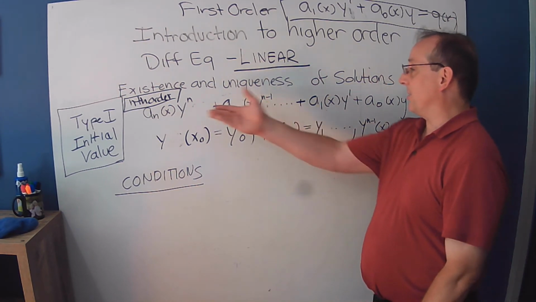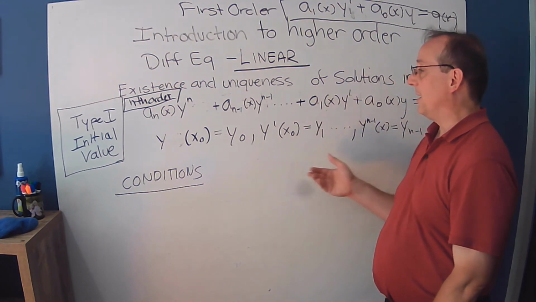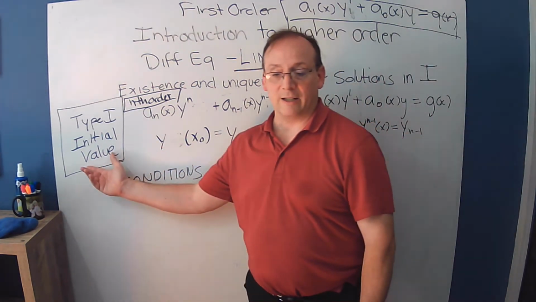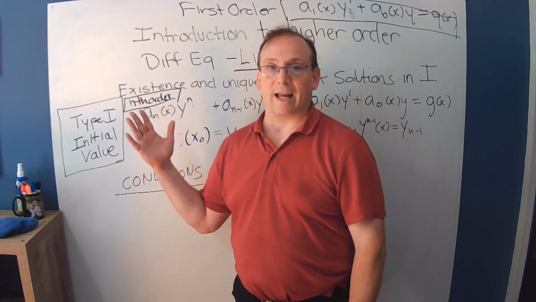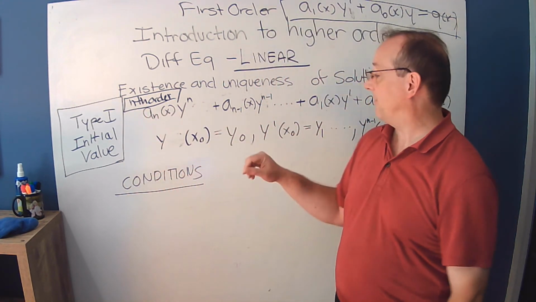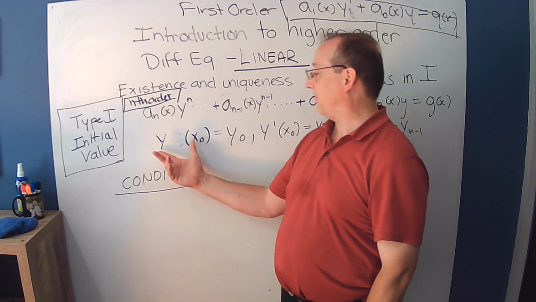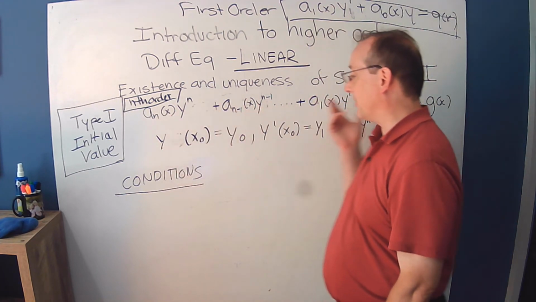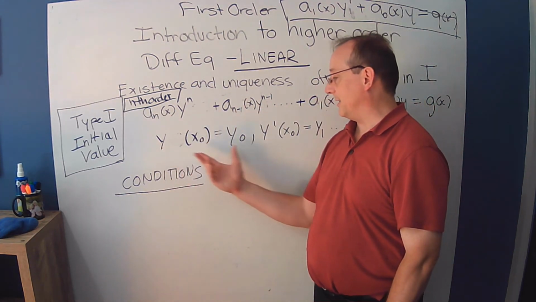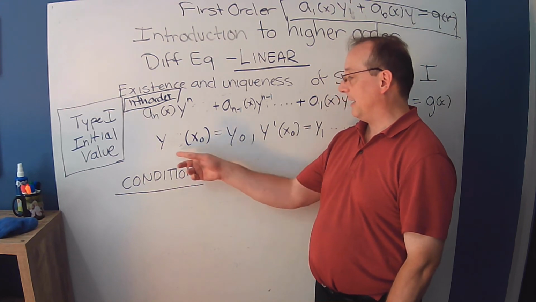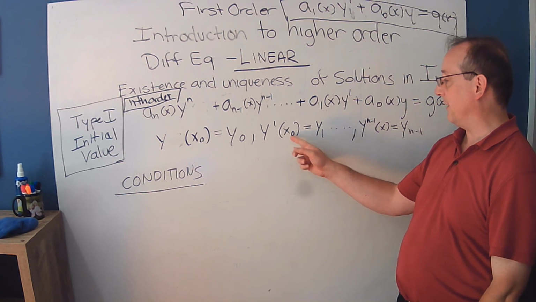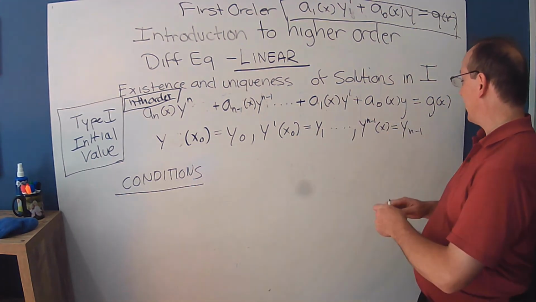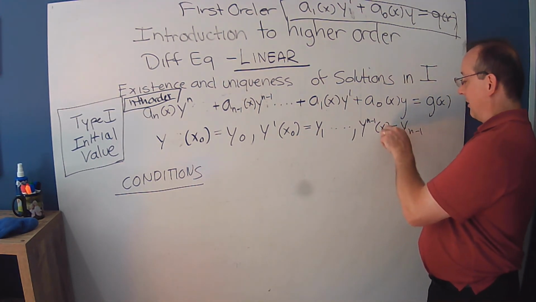And in addition to this equation, we're looking at the initial value problem. What that means is that this equation has some conditions associated with it: the function itself and each of its derivatives are defined at some x0.